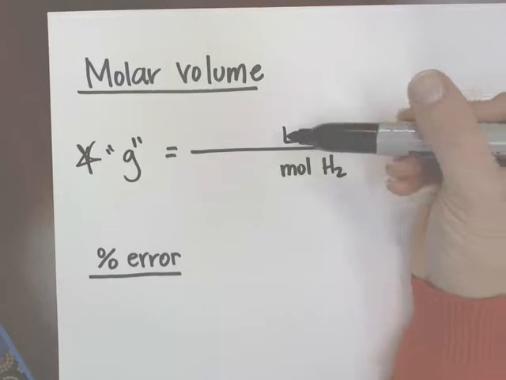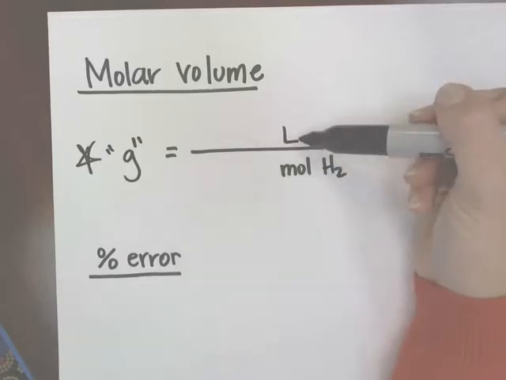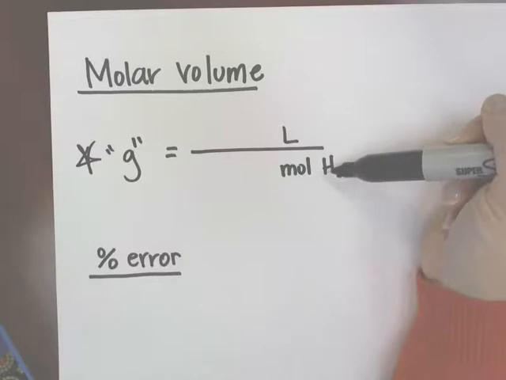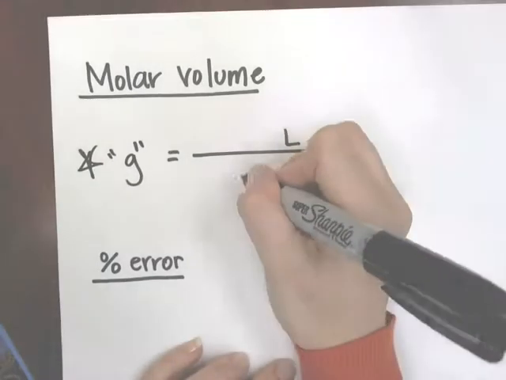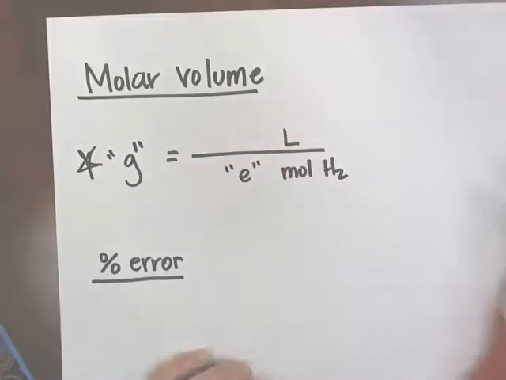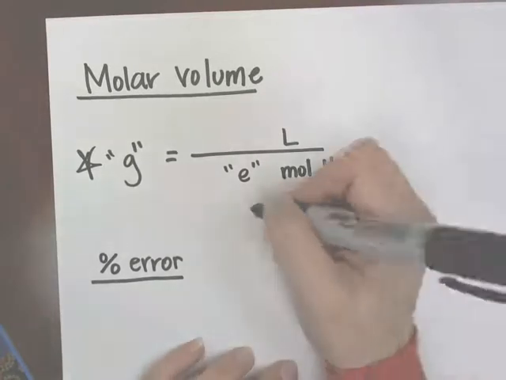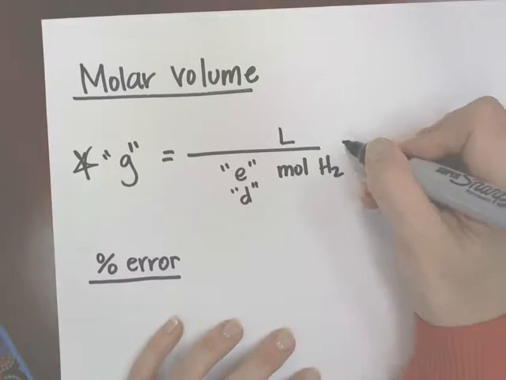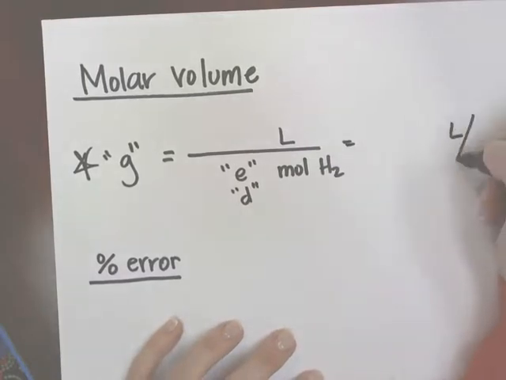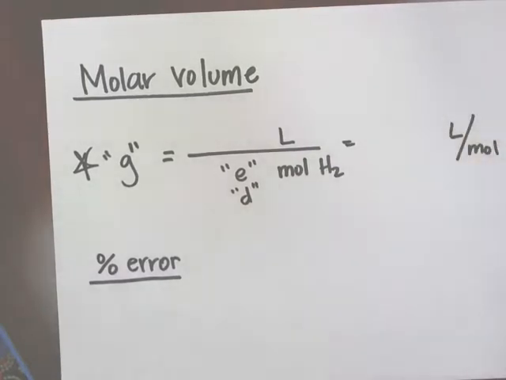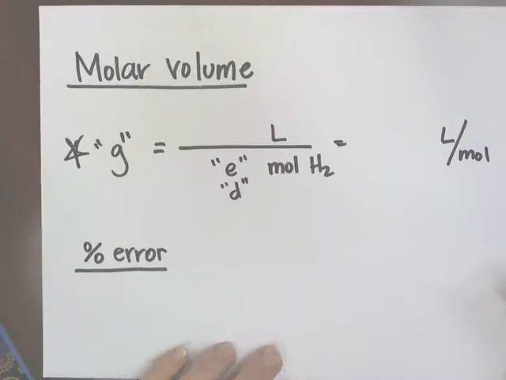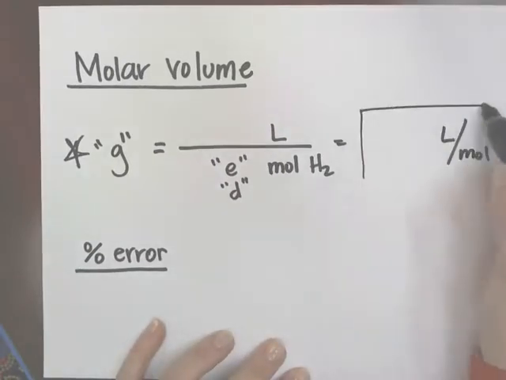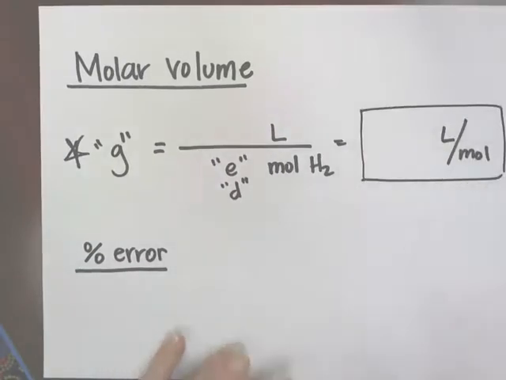You're going to take the liters of hydrogen that you converted and divide it by the moles of hydrogen in part E, which is, of course, the same as the moles of zinc in part D. So your answer here will have units of liters per mole. And that's really the point here of the lab, is to experimentally calculate that.